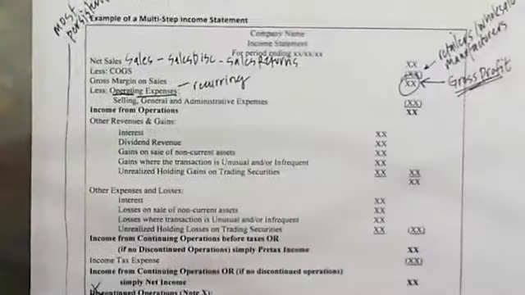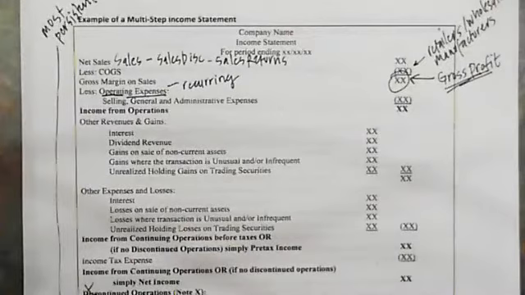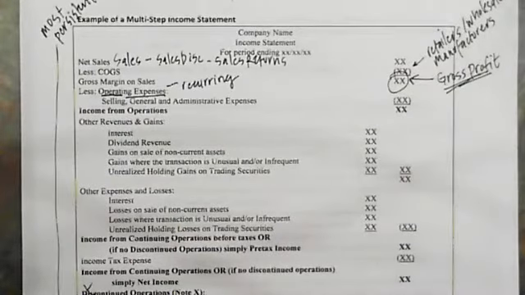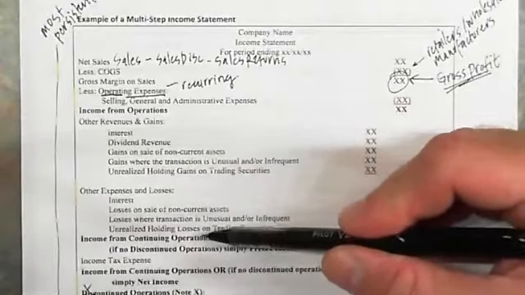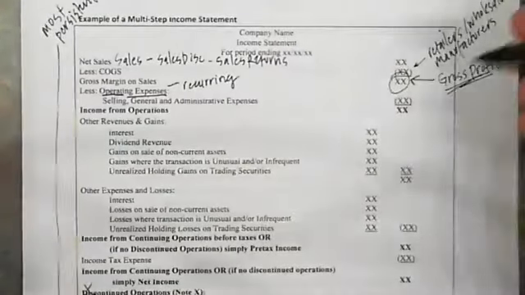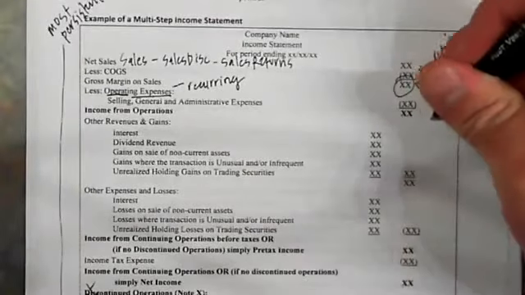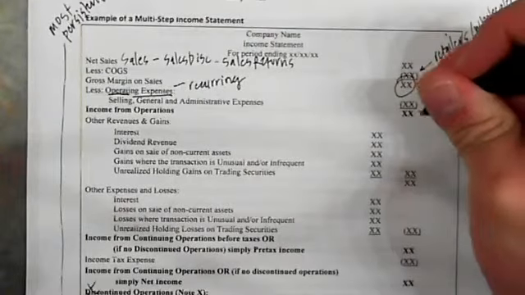What goes into that? You can tuck any number of items in here. Basically, the best way to say it is, anything that doesn't go below this, right? So we'll talk more about that. Income from operations, this is our next big subtotal.